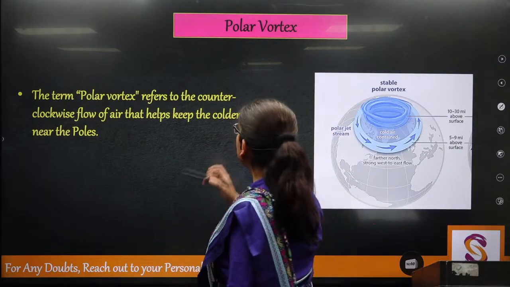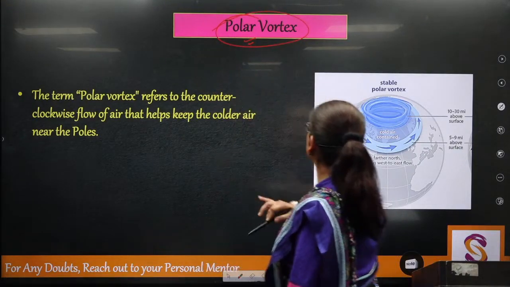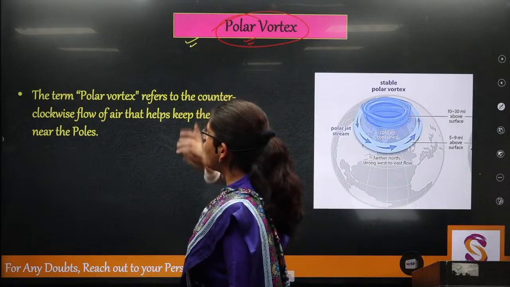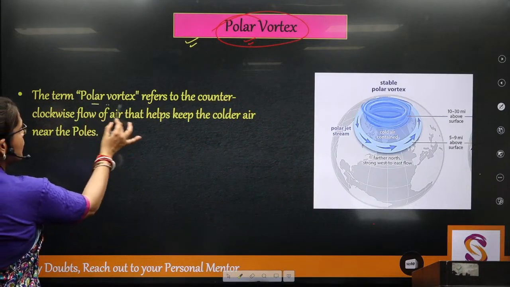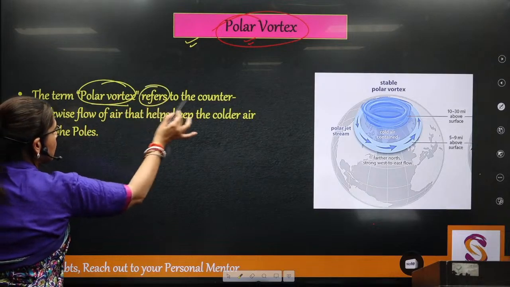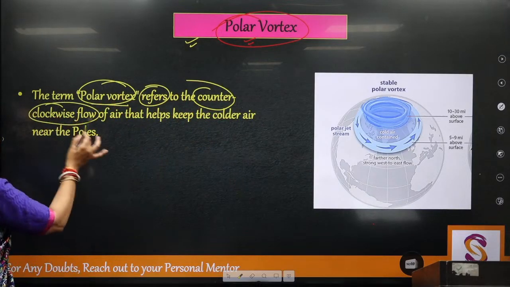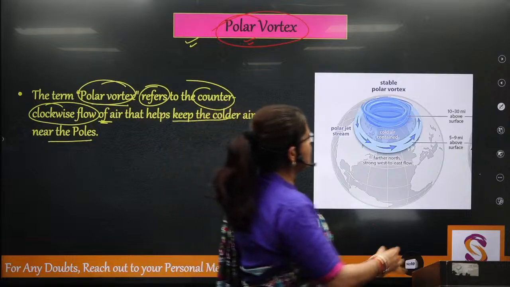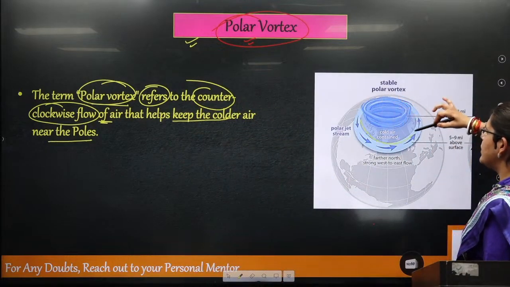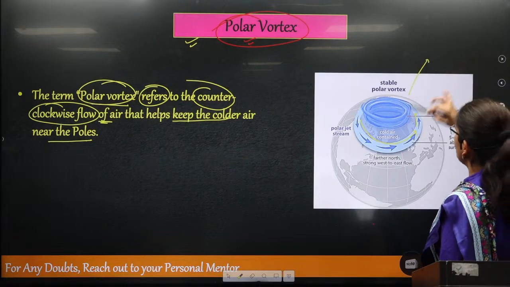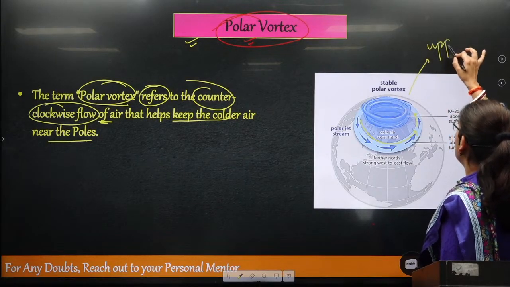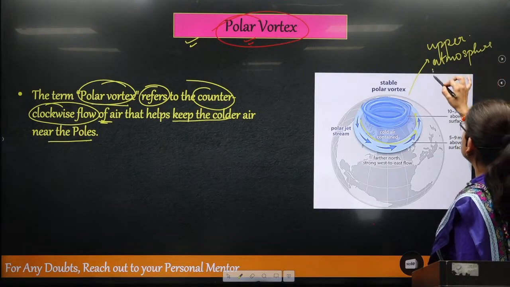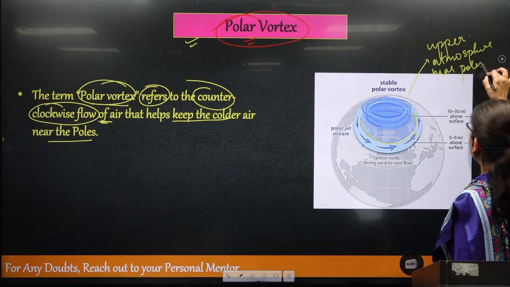Now write down the first heading, that is polar vortex. Now what is a polar vortex? Polar vortex refers to the counter-clockwise flow of air that helps keep the colder air near the poles. It is in the upper atmosphere near the poles in both the hemispheres.